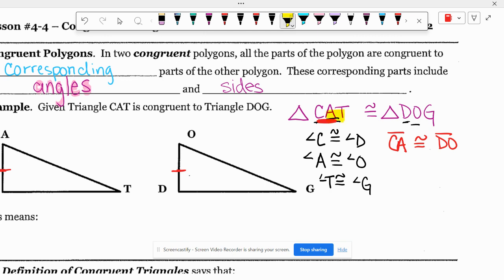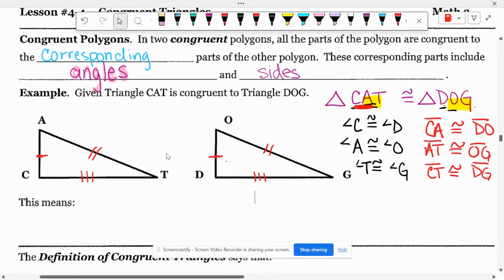AT is congruent to OG. Then the last pair of sides are the first letter and the last letter: CT is congruent to segment DG.